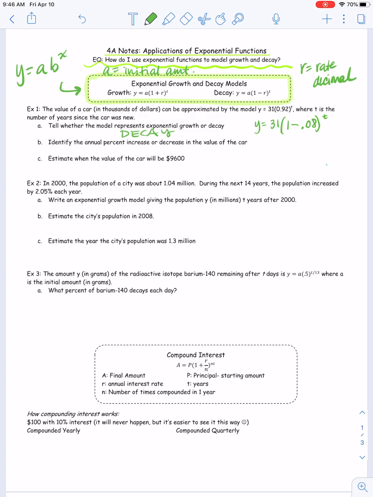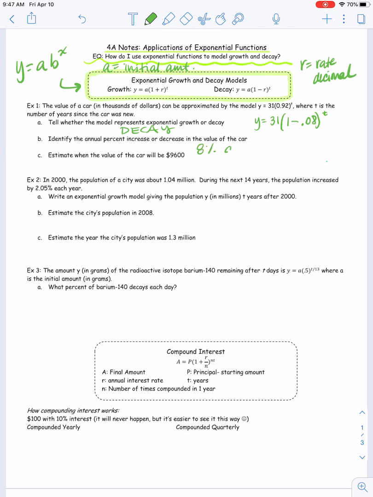It makes sense that this is a decay model because once you buy a new car, the value depreciates over time. The value decreases, it decays. This is telling us that it decays at an 8% rate. How do I know it's 8%? Because that r value is 0.08. Moving that decimal 2 places to the right gives me the percent, so 8% decrease.